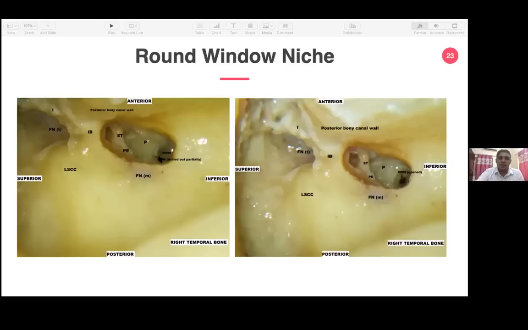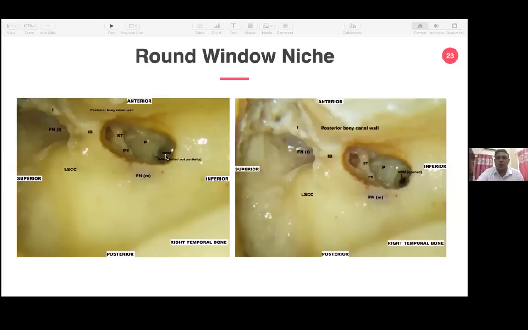Once you drill out the round window niche with a 1 millimeter diamond and you are able to expose the round window membrane, the 360-degree full face exposure of the round window membrane can be checked again with the use of a 1 millimeter diamond. Suppose you keep the 1 millimeter diamond over the round window membrane, it will cover the full membrane.